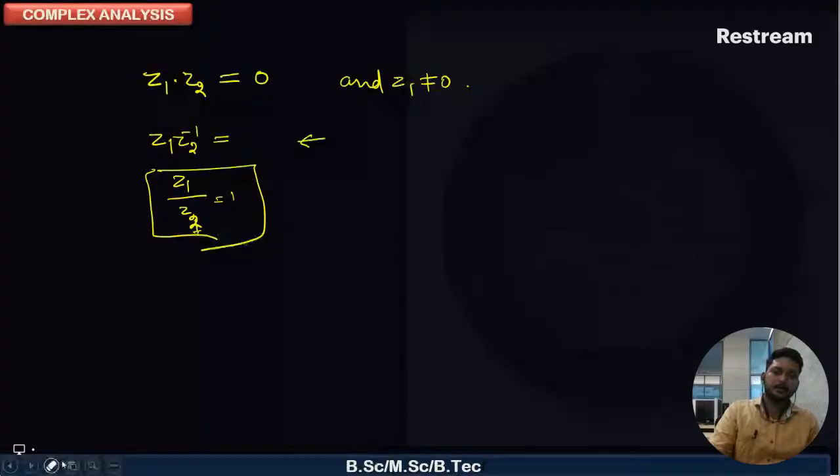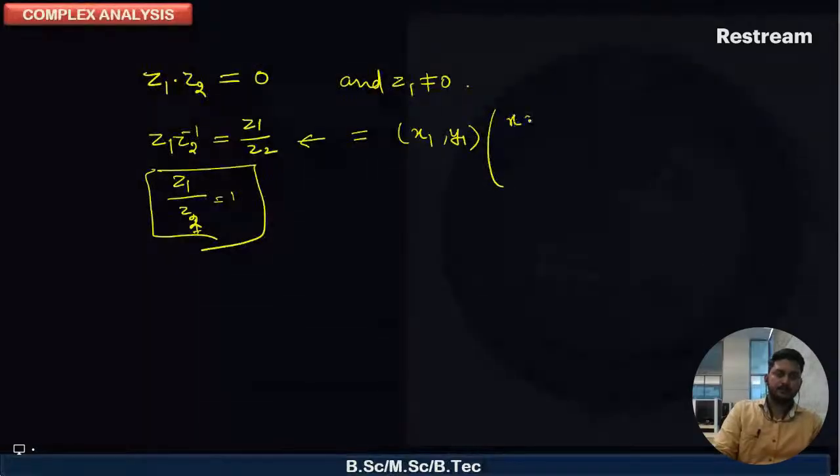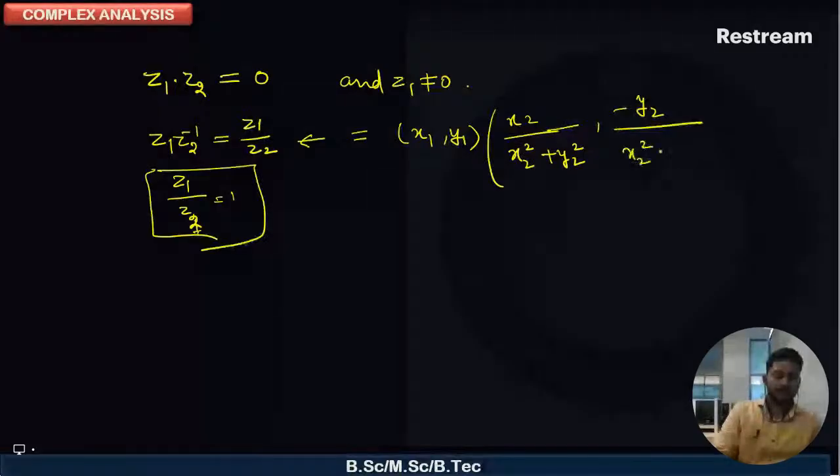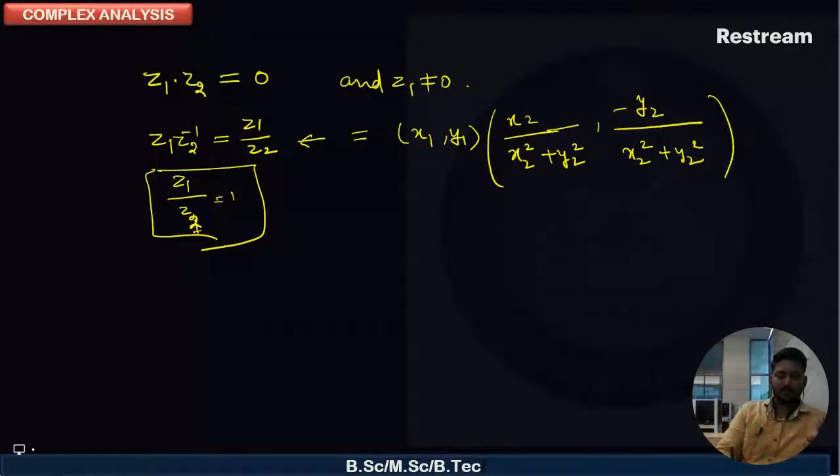So z1 upon z2 is written like this, and one more expression for z1 upon z2 is x1 y1 in brackets, x2 upon x2 squared plus y2 squared, and minus y2 upon x2 squared plus y2 squared.